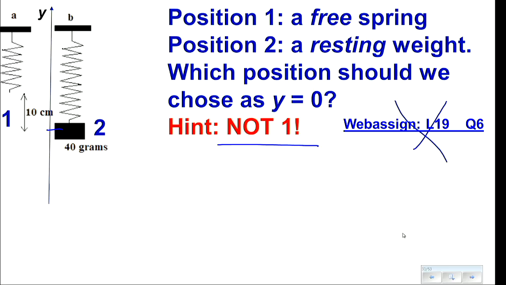We need to remember that every time when we have a chance, and we almost always have a chance, to choose zero at the equilibrium, we have to take that chance. Why? Because in life, when we have a chance, we have to take it. So this is not the right location for zero. This is the right location.